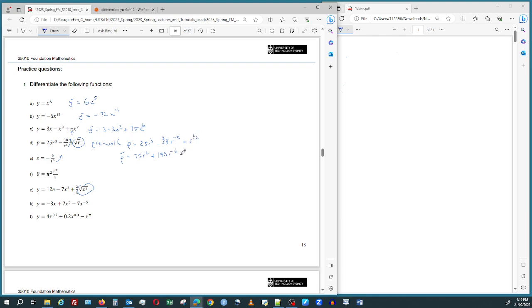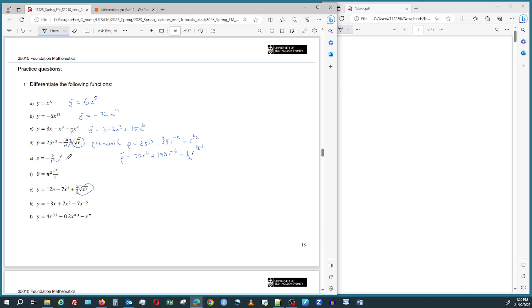So just be careful, and this one will be the same, half R to the half minus 1. So hopefully what you can see is that the actual calculus is not the problem. Okay, it's not the problem.